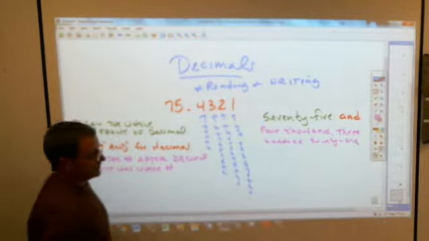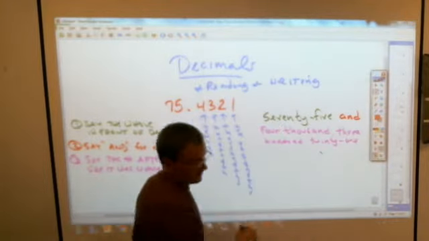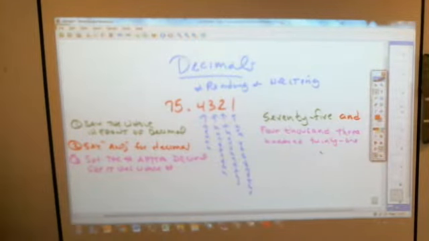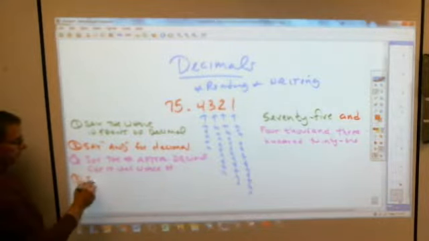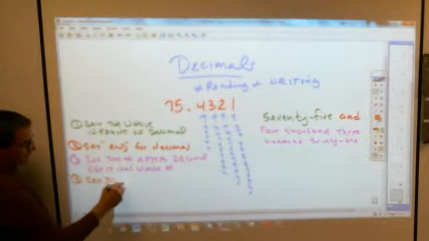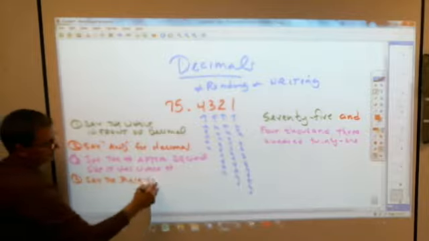And how do we finish it up? Step 4 would be to do what, Charlie? You say the place value of the last digit.